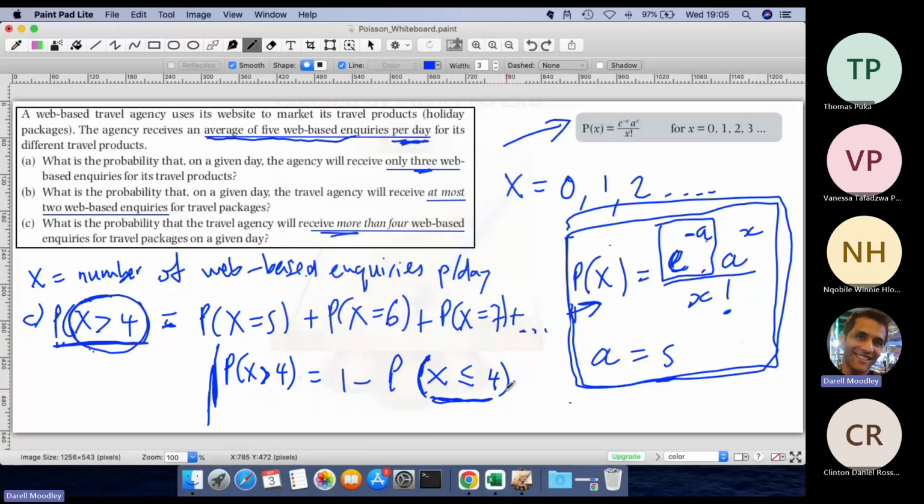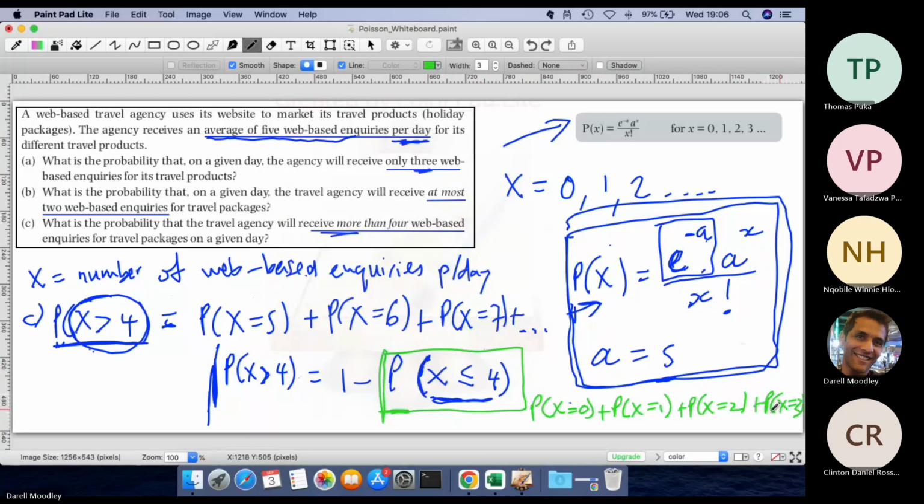You don't have to work out an endless amount of probabilities, because just this part here, highlighted in green, is doable. You can work this out. This is simply the probability of x equals 0 plus the probability of x equals 1 plus the probability of x equals 2 plus the probability of x equals 3 plus the probability of x equals 4.